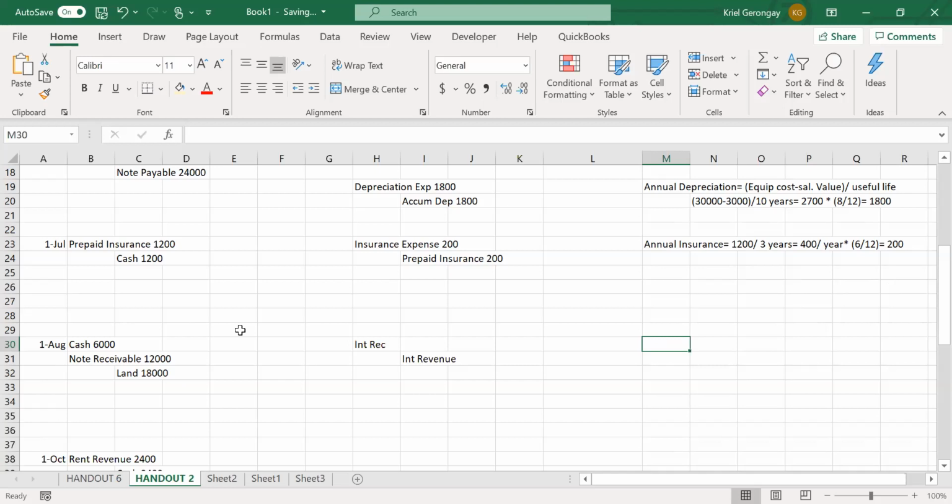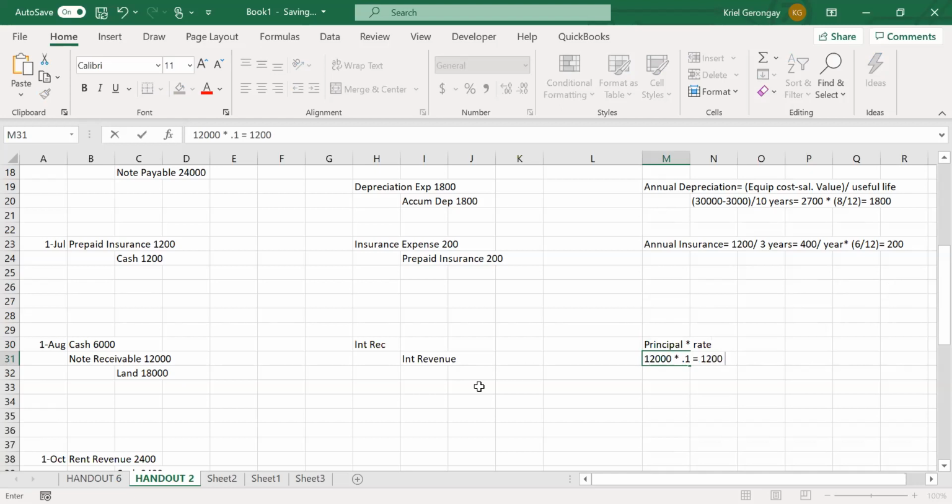So like Raymond said earlier, to figure out the annual interest, you're going to take your principal times your rate. In this case, it'll be 12,000 times 10%, which is what?